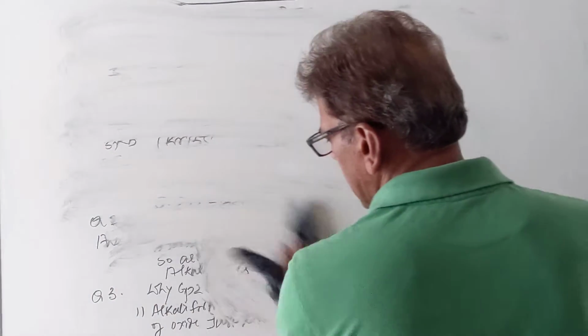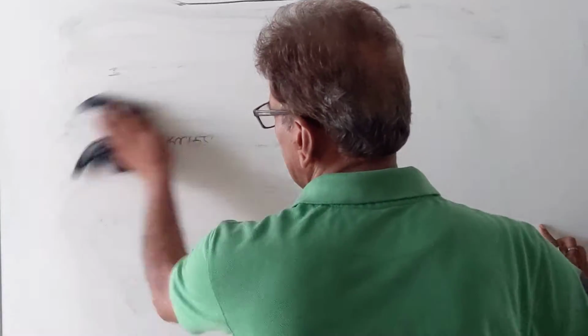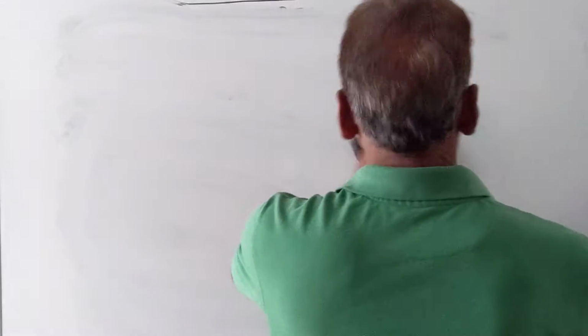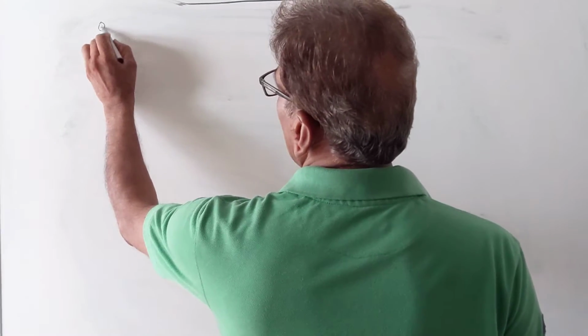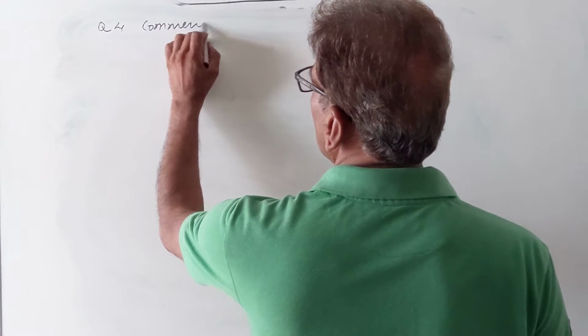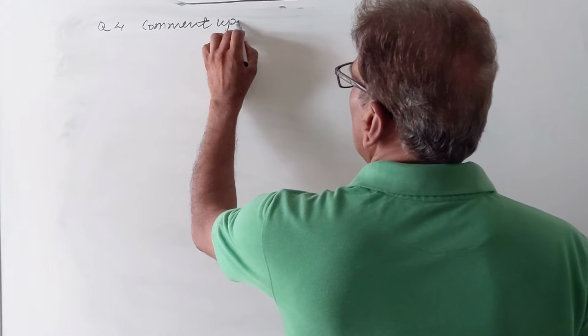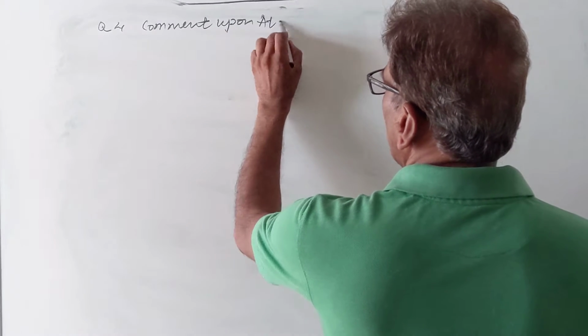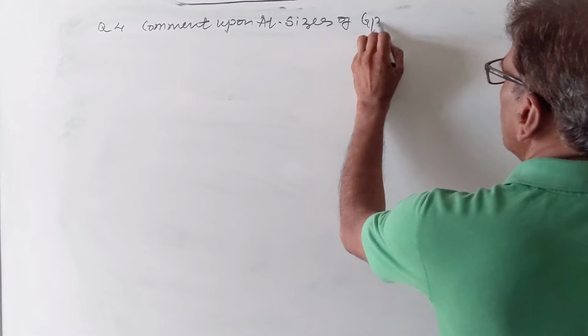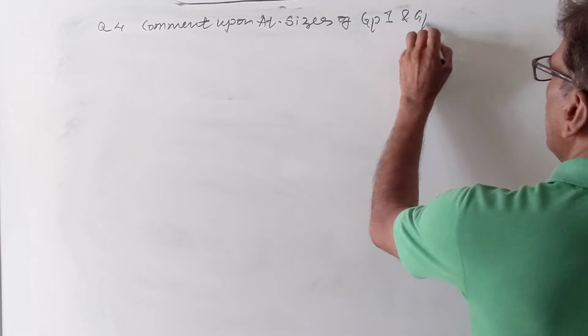They have large sizes in their respective periods. Question number 4 is: comment upon atomic sizes of group 1 and group 2 elements.